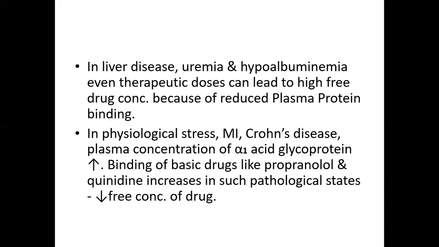So this is seen in such conditions: whenever there is increased alpha-1 acid glycoprotein, the binding of basic drugs like propranolol and quinidine also increases, and such an increase in these pathological states causes a decrease in free concentration of drug.